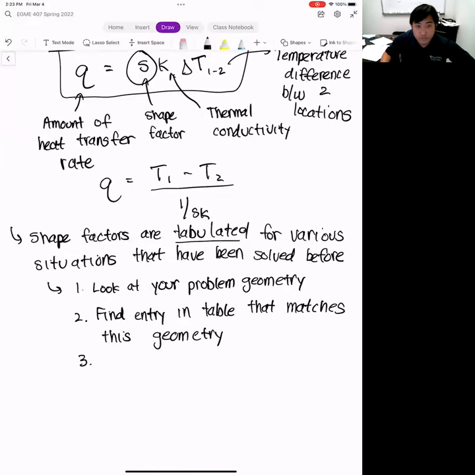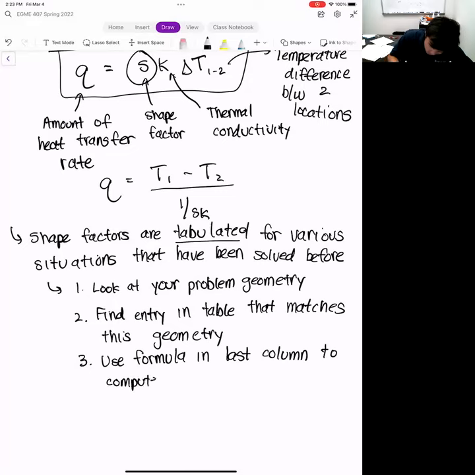Okay. And then three, once you find the entry in the table that matches your geometry, use the last column to compute the shape factor. Okay. All right, so that's the methodology. This is what you would do in general.